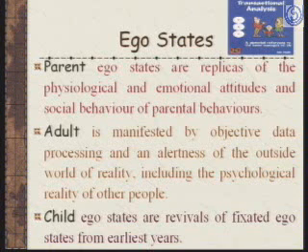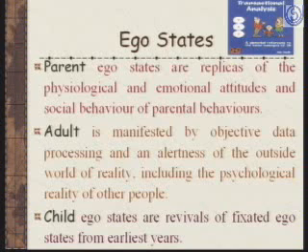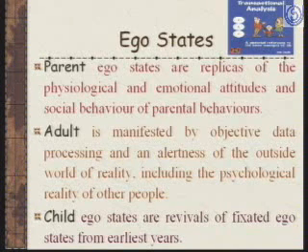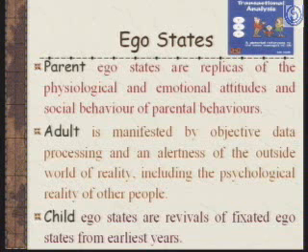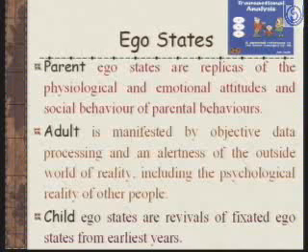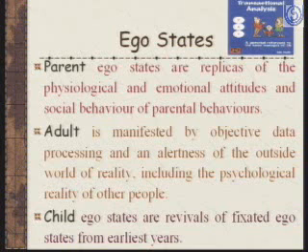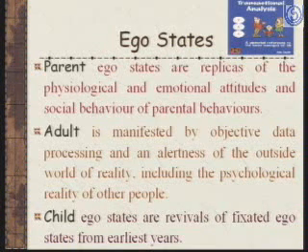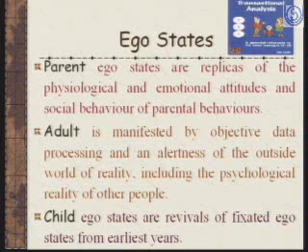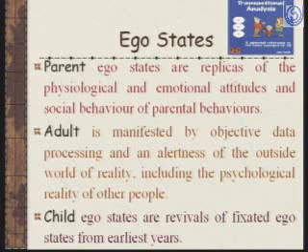Now when we are discussing in TA, parent, adult, child, they do not describe the biological parent, the biological adult, or the biological child. We are discussing the psychological state, that is the ego state. So therefore you should not confuse parent, adult, child ego states as that of the biological parent, adult, and child.